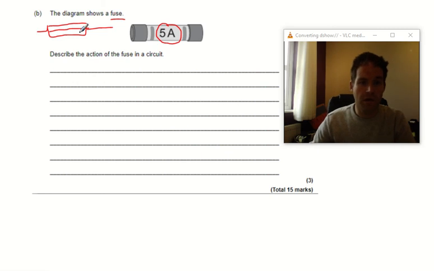Now, what a fuse does, okay, describe the action of the fuse in a circuit.